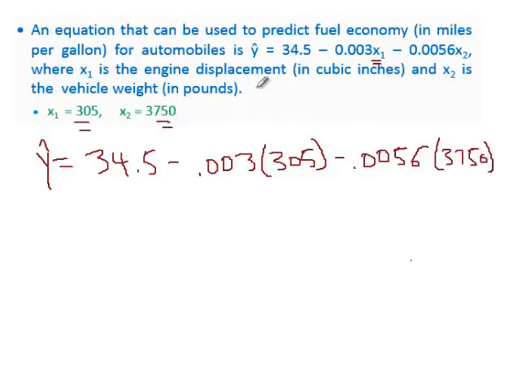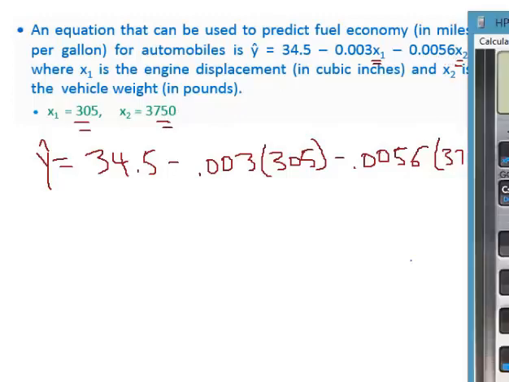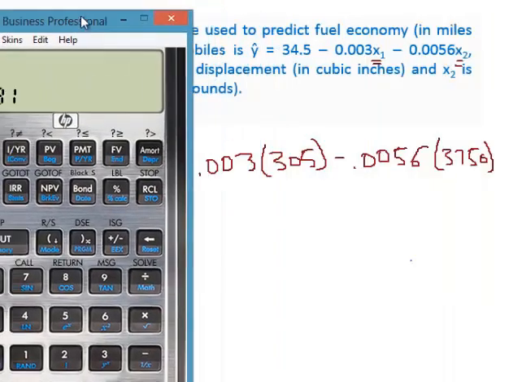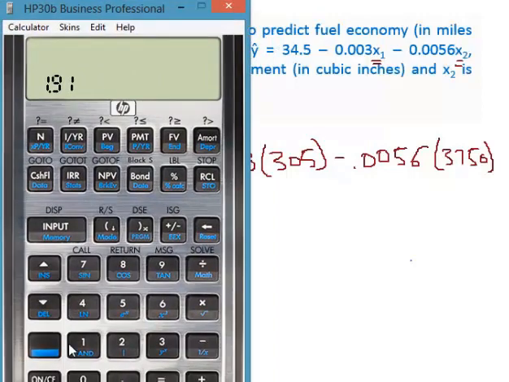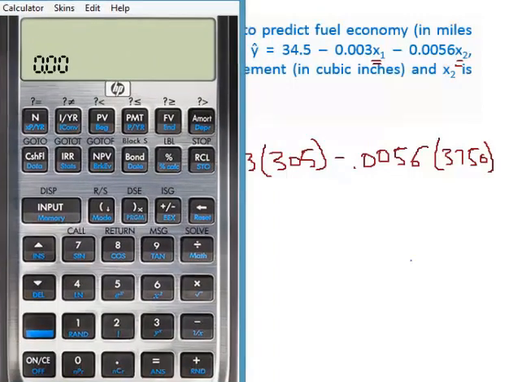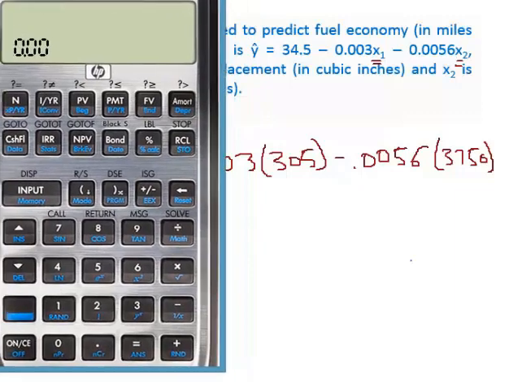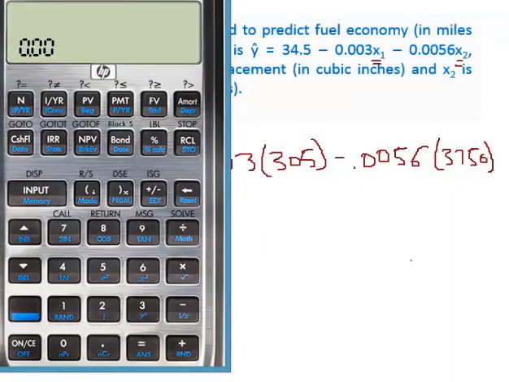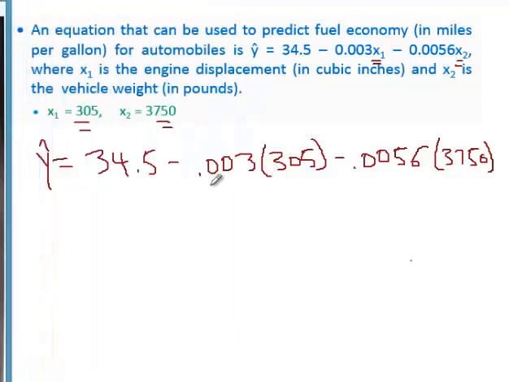Again, just substituting this for this. And to figure this out, we could do it by hand, but it's easier just to do it with a calculator. So I am going to clear this, and I'll say, well, what did we have? 0.003 times 305 equals 0.92. So I'm going to put a 0.92 over here.